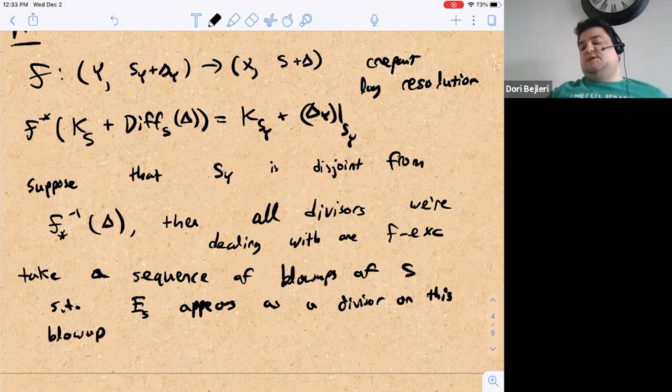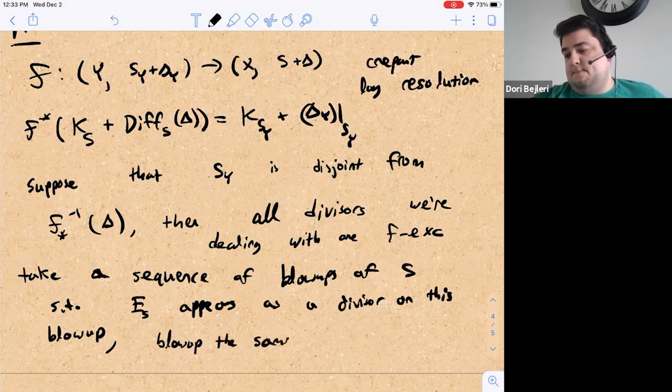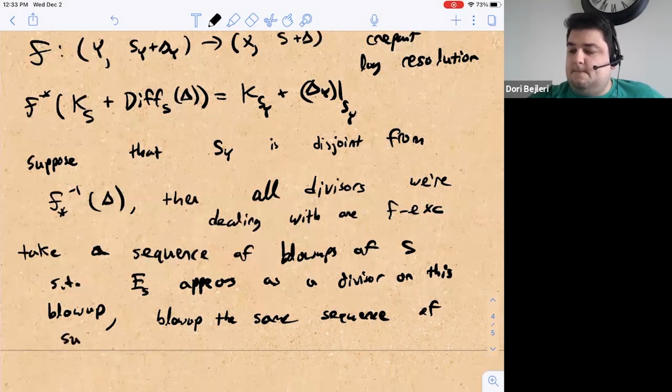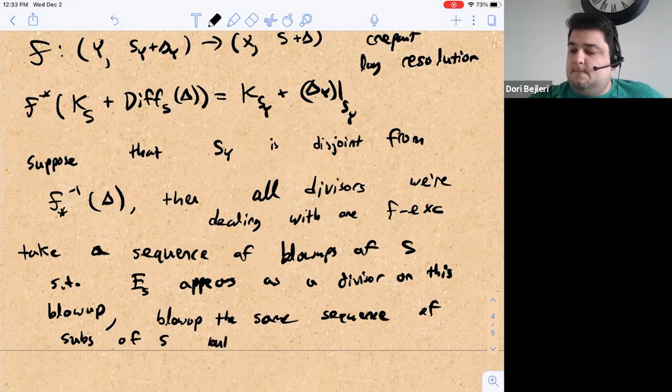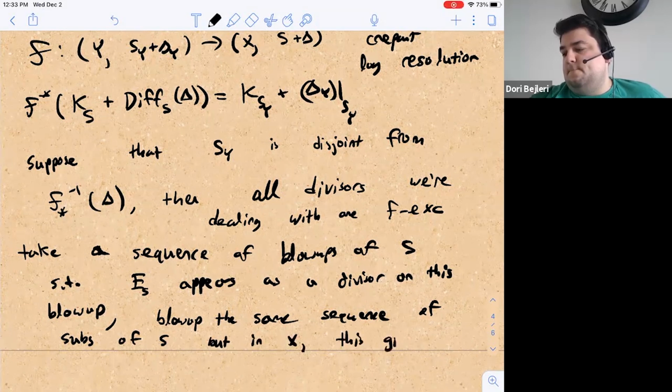And so if we want to produce E, we just blow up the same subvarieties, the same sequence of subvarieties of S, but we blow them up inside of all of X. So this will give us a divisor.